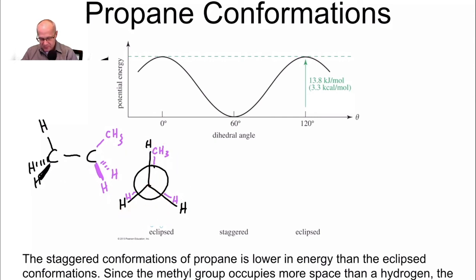Now again, I'm going to keep the front carbon exactly the same. I'm not going to change it. And all I'm going to do is rotate the back carbon this way. And that will put this CH3 here. The hydrogen will be here. That should be touching the line. And the hydrogen should be here.